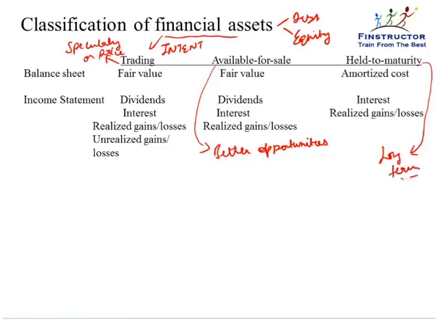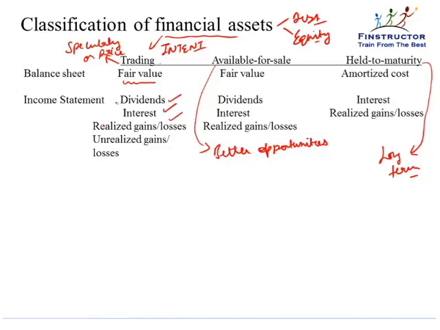Now, once again, the assets are exactly the same. It is our intent that decides which classification is given to my debt or equity. Depending on the classification given will decide the accounting treatment of these securities. So trading securities are always carried on the balance sheet at fair value.